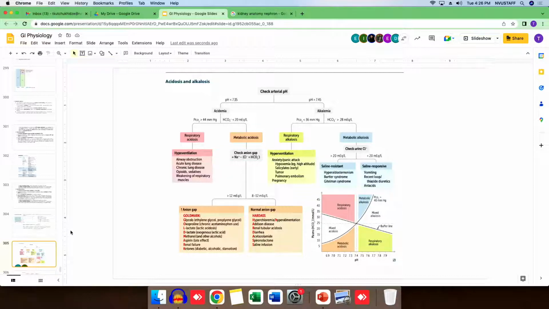So mostly acidic substances. And if it is normal, between 8 and 12 mEq per liter, the mnemonic is HARDASS: hyperchloremia, Addison's disease, renal tubular acidosis, diarrhea, spironolactone, or saline.